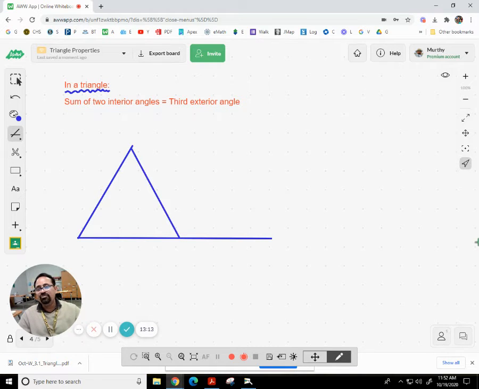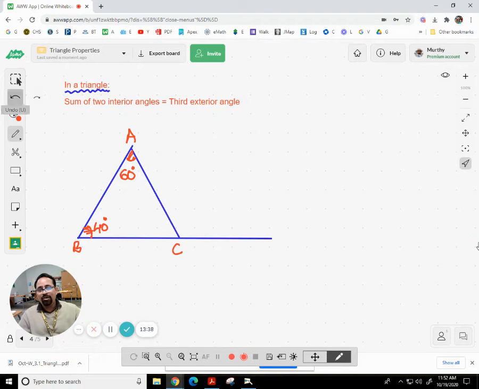Okay, there's a triangle, and I extended one of those sides. Let's name these angle A, angle B, angle C. I'm just taking some values. Let's say angle A equals 60 degrees, angle B is 40 degrees, some numbers I'm taking.